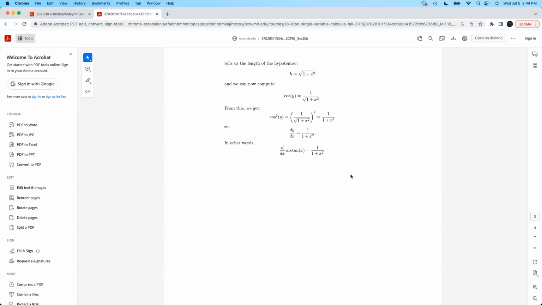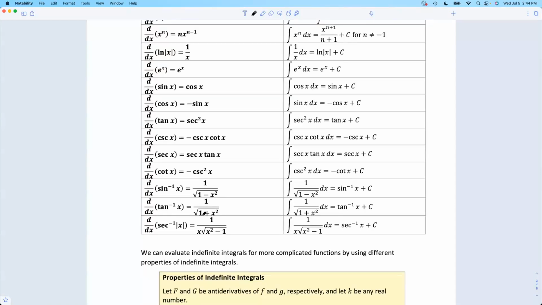It's not in our table because our table was wrong. This is wrong. There should not be a square root on either of those. I'm going to fix this.